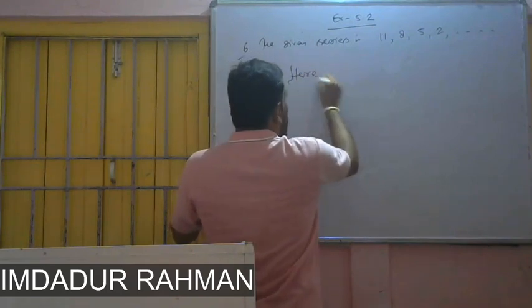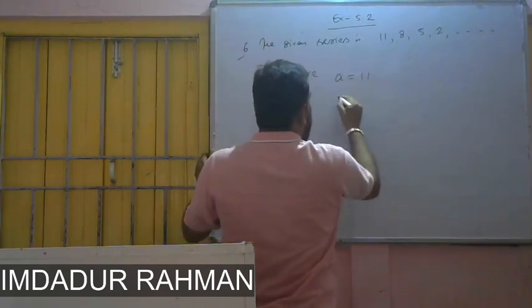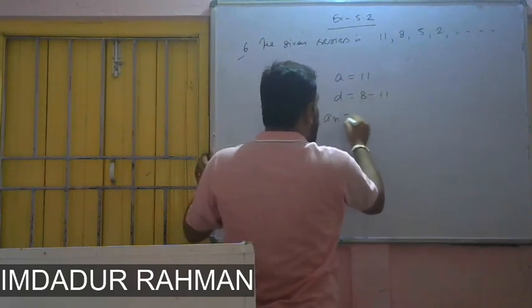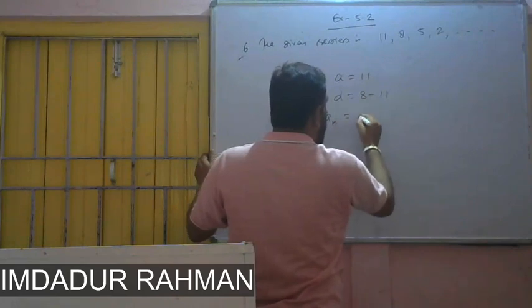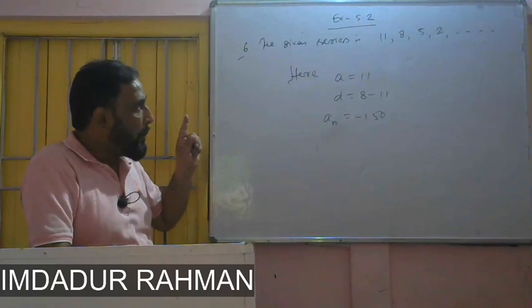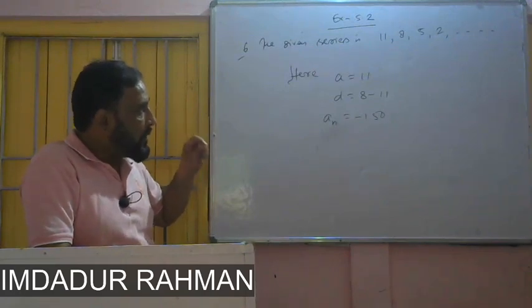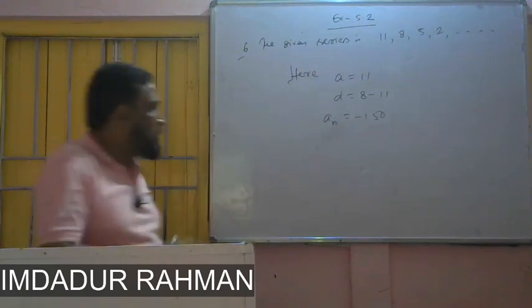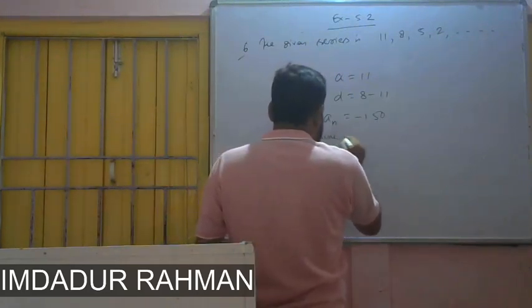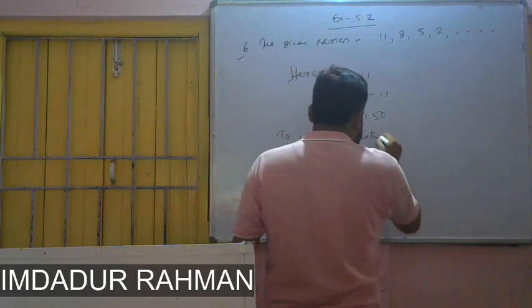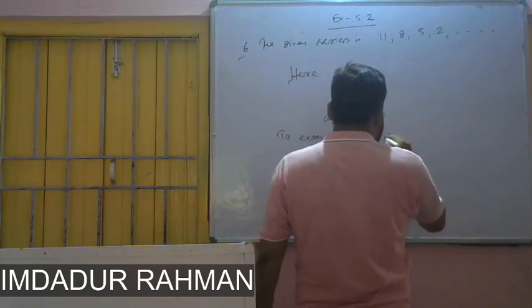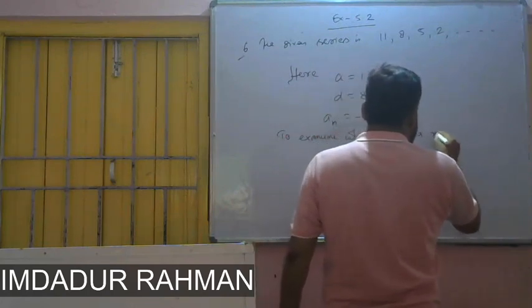Here A is equal to 11, D is equal to 8 minus 11, and a_n is minus 150. So we have to examine whether minus 150 is a term or not.